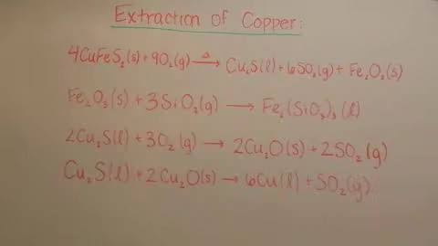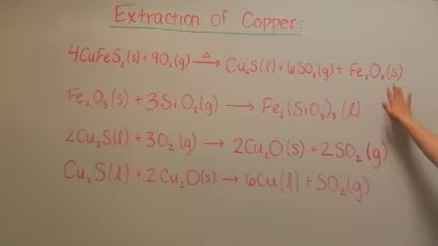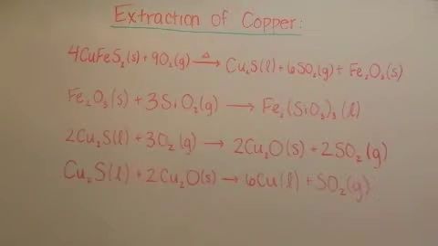Now we're going to discuss how each element is extracted. First off, copper is extracted by using a thermal process or an aqueous process. Due to time, I will only discuss the thermal process. In this first reaction, the mixed sulfide is decomposed to give an iron 3 oxide and copper 1 sulfate.